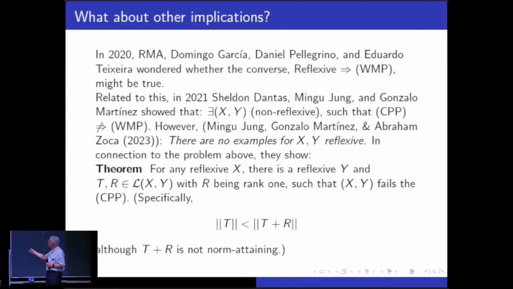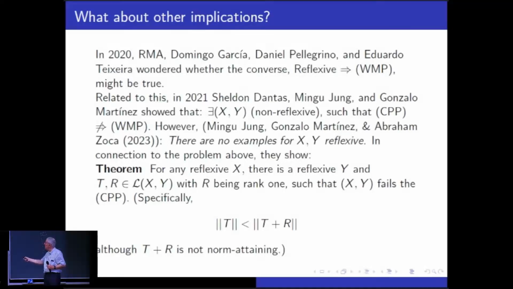Then, a few years ago, it was observed that there are no known examples of reflexive spaces which give counterexamples. They're still open. They also show, though, that if you take a reflexive space X, you can find another reflexive space Y and two operators, T and R, where T is an operator and R is rank 1, so as simple as it can be, which have the following property.